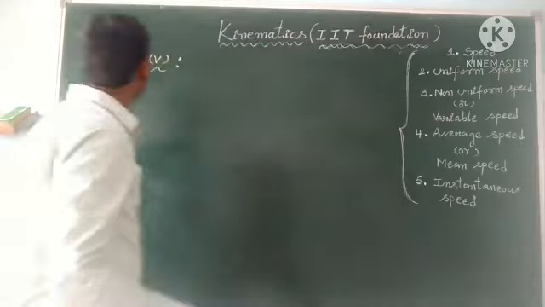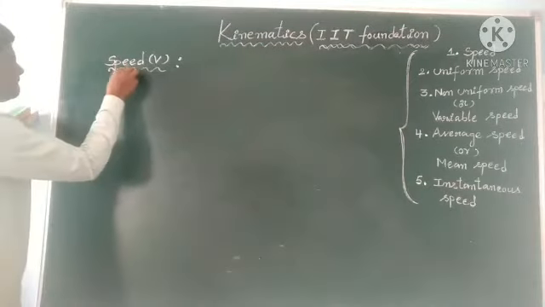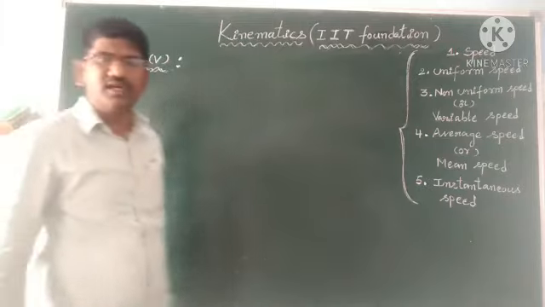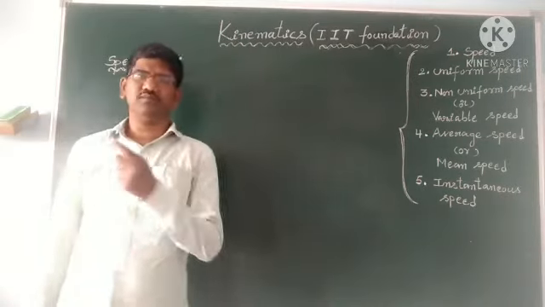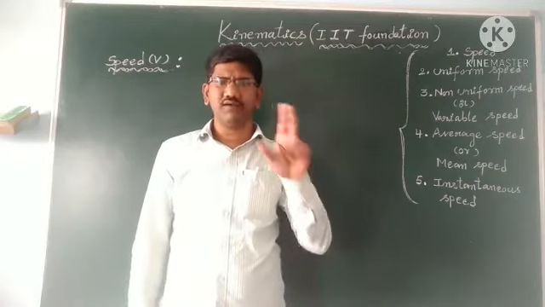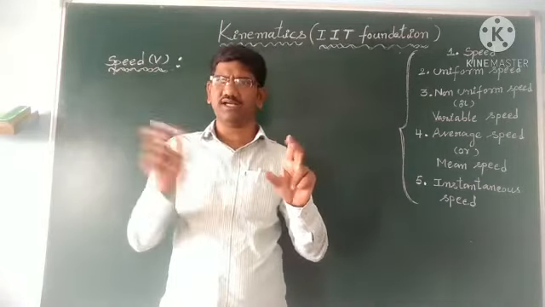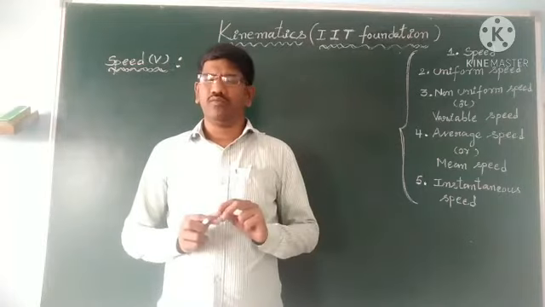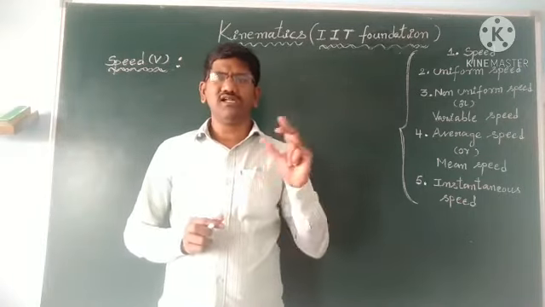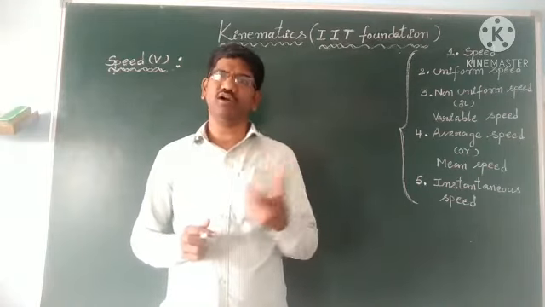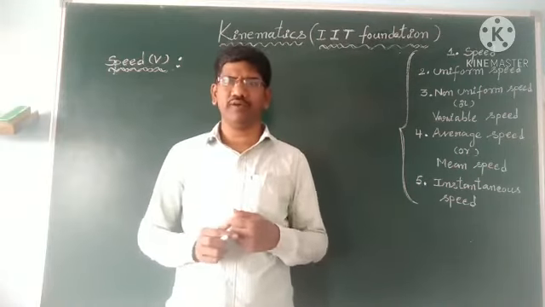The first one is speed. Why should we define speed? If an object is in motion, its position changes with respect to time, and it covers some distance in some particular interval of time. How much time it takes to cover the distance measures how fast or how slow it is moving.